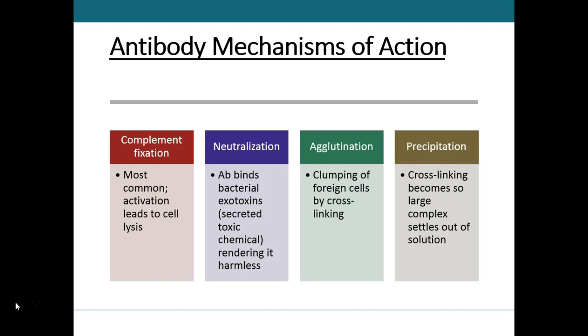If the antibodies form against antigens that may be on cilia or flagella of some of the bacteria that are very mobile in the body, then that antibody-antigen reaction may cause the bacteria to lose the ability to move throughout the body, and therefore the infection can't spread to other body tissues.